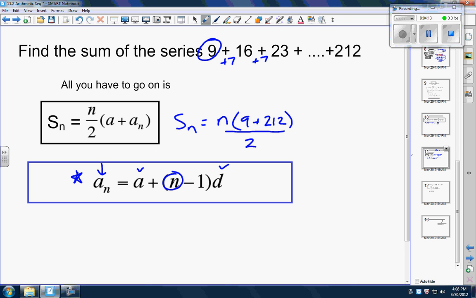Well, I want to figure out what a sub n is when it's 212. So how many terms are there when 212 is my a sub n? So I'm going to say 212 equals first term of 9, plus n minus 1, that's what I'm going for, times my common difference of 7. Now all you have to do is solve this.